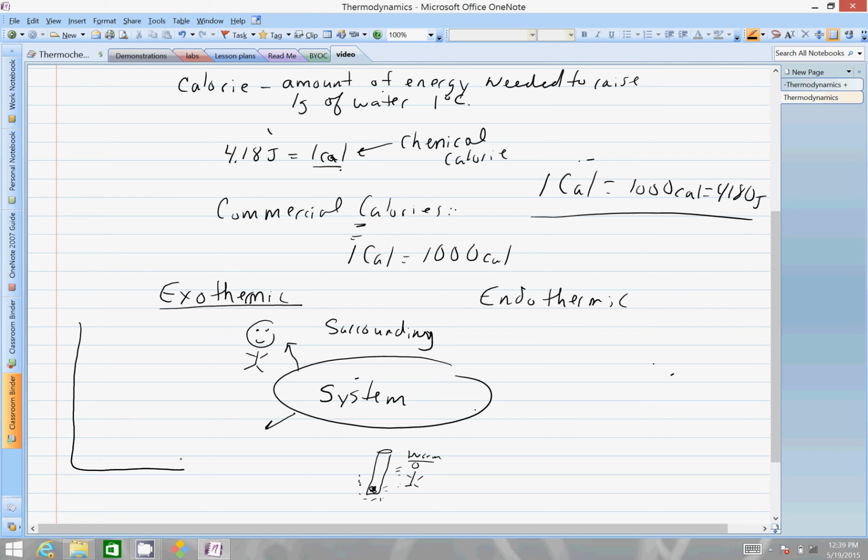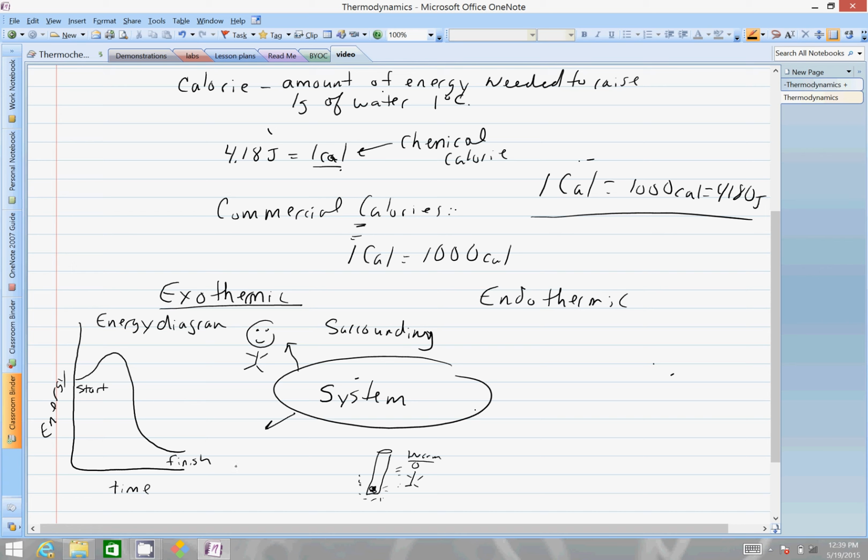We quite often would look at this and say, okay, well, we have time here, and we have energy. And this is a drawing called an energy diagram for an exothermic reaction. From here, this is the start, and this is the finish.